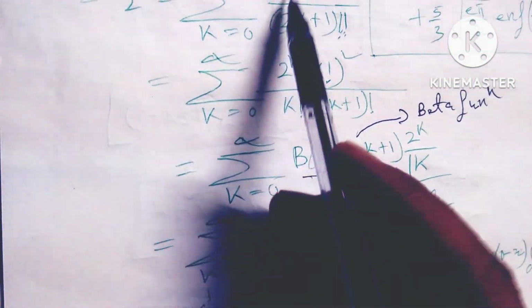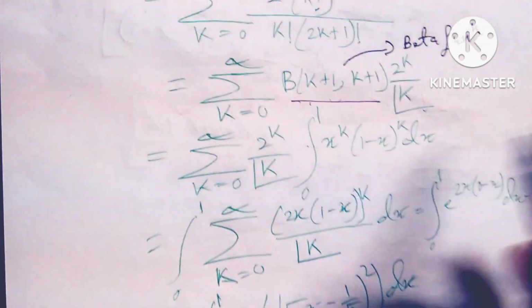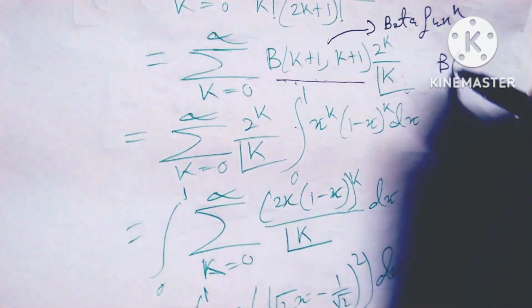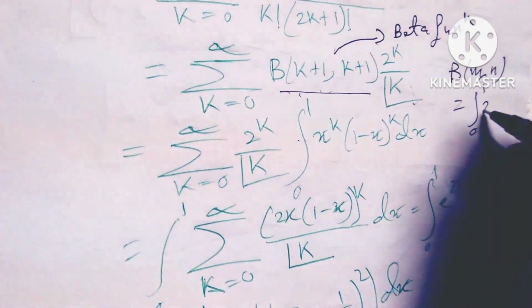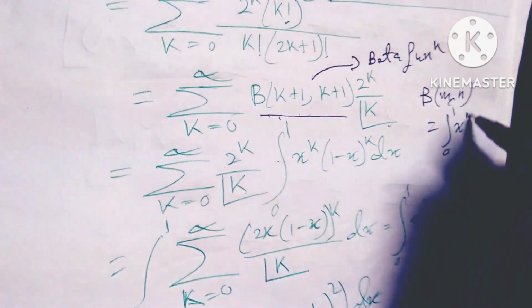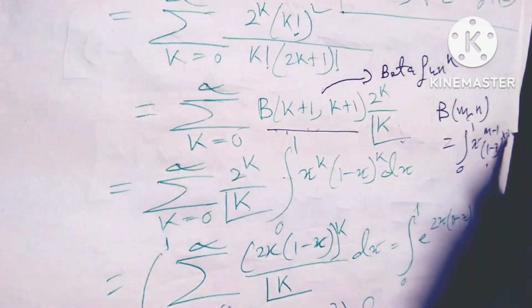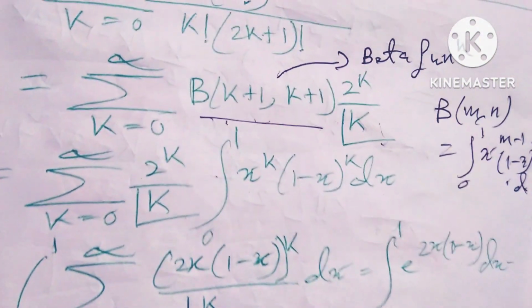So I use the beta function formula: beta(m, n) equals the integral from 0 to 1 of x to the power m minus 1, (1 minus x) to the power n minus 1 dx. So I apply this formula.